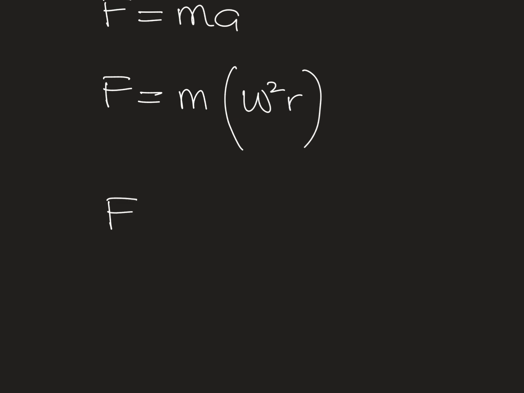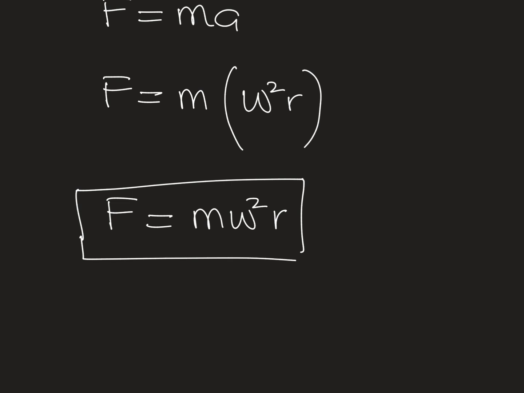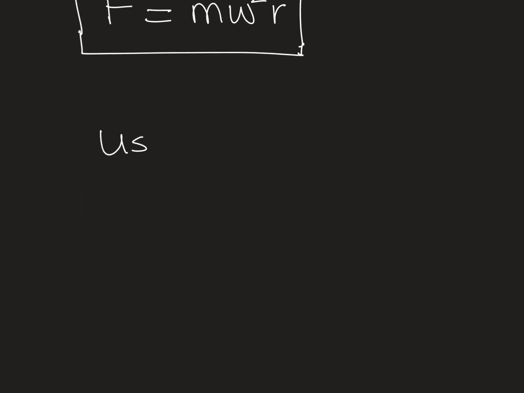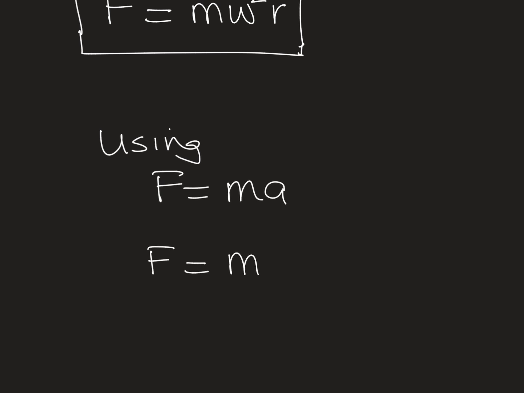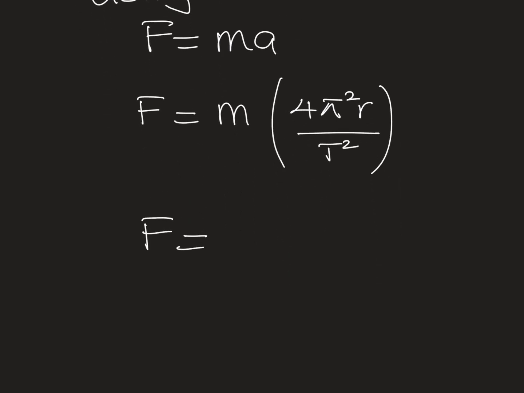So we can have F is equal to m omega squared r. Again, using F is equal to ma, F is going to be equal to m times the third formula for acceleration, 4 pi squared r all over T squared. So therefore F will be equal to 4m pi squared r divided by T squared.